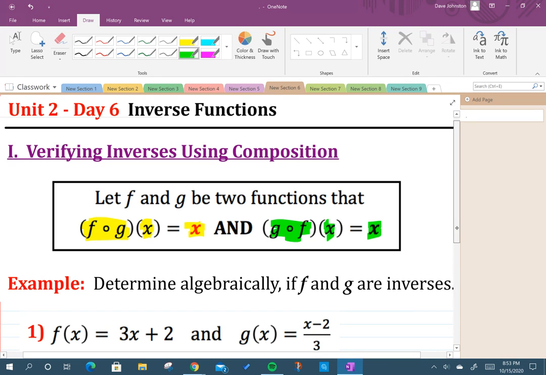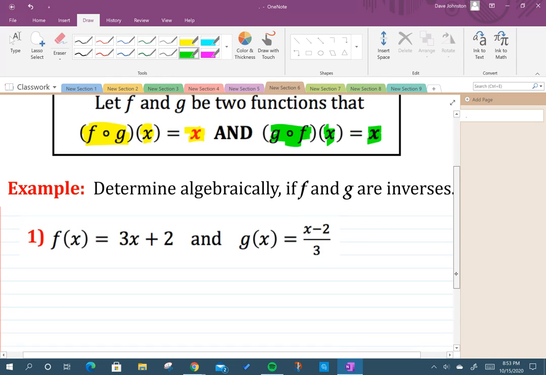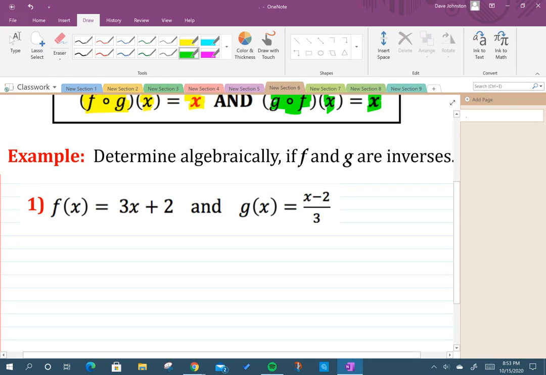Let me give you a little for instance here. So here I've got two functions. Let's see what happens when I try to take f of g of x. That means I'm going to take my g of x function, which is x minus 2 over 3, and plug that into my f of x function. Let me rewrite my f of x function as 3 times something plus 2.